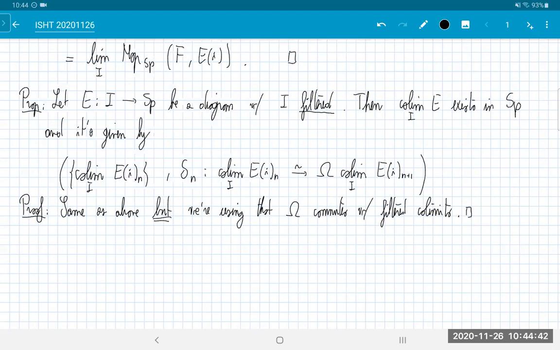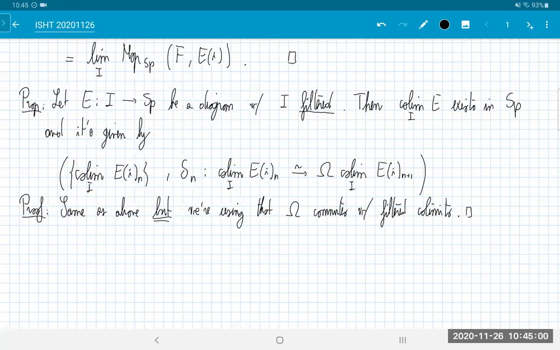You can see that otherwise you cannot prove that delta n is an equivalence. But thankfully now we can do the same proof.